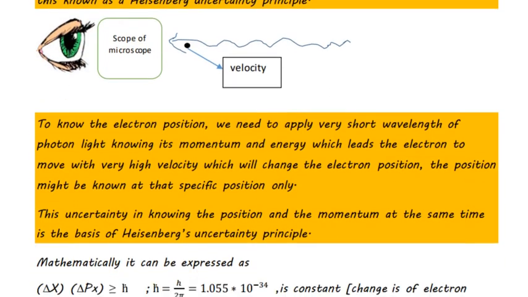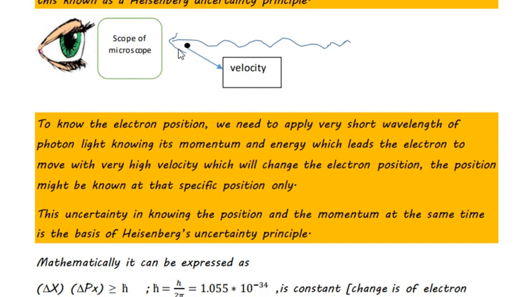So this is just a practical hypothetical example. This is the electron in the path of the light, which is the photon, light generated by some source. This is the observer.